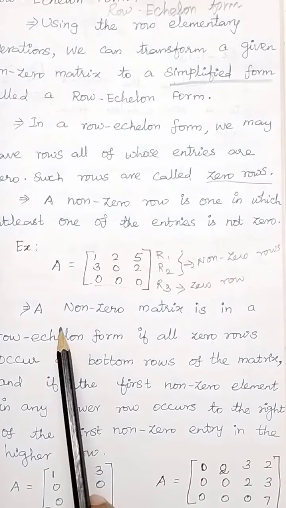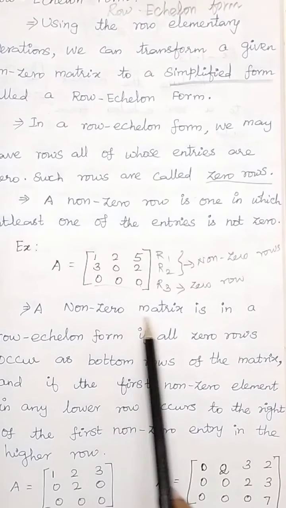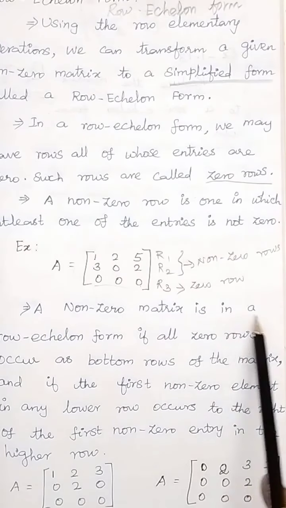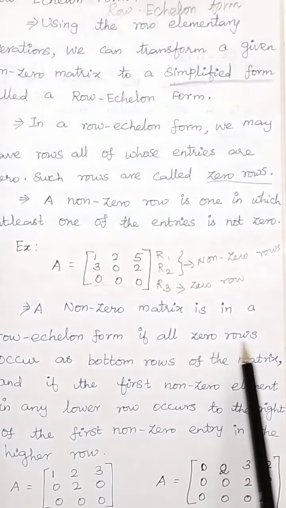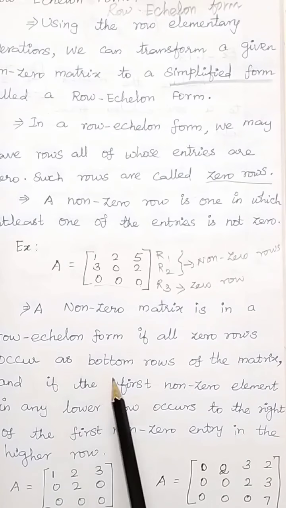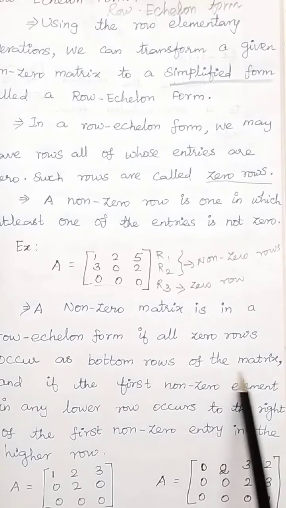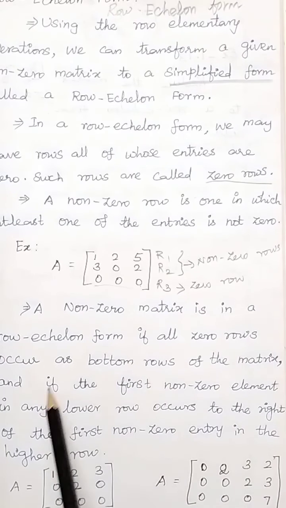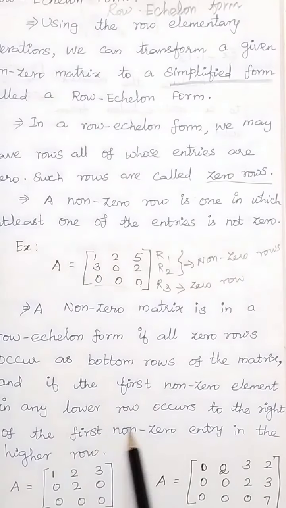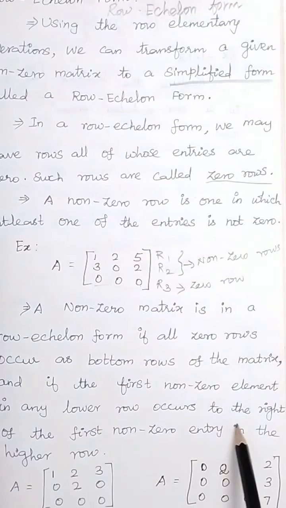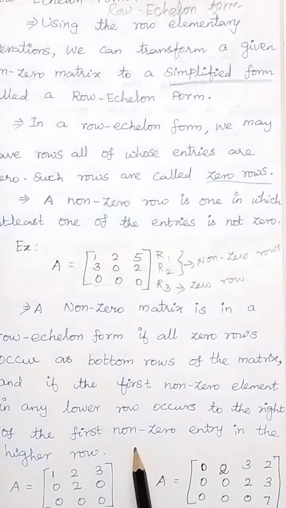Good students. A non-zero matrix is in a row echelon form if all zero rows occur as bottom rows of the matrix, and if the first non-zero element in any lower row occurs to the right of the first non-zero entry in the higher row.